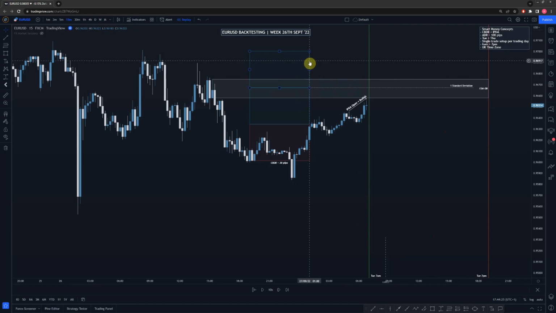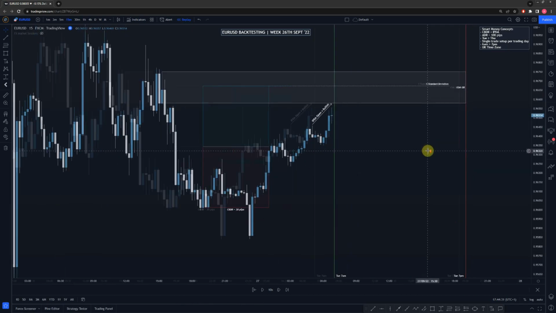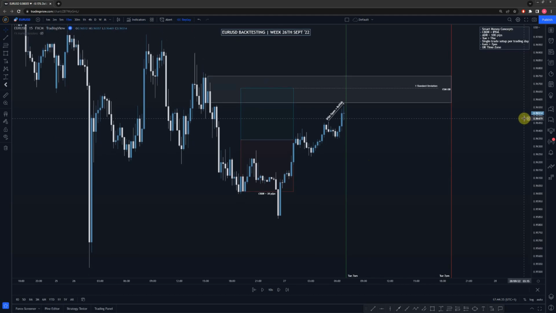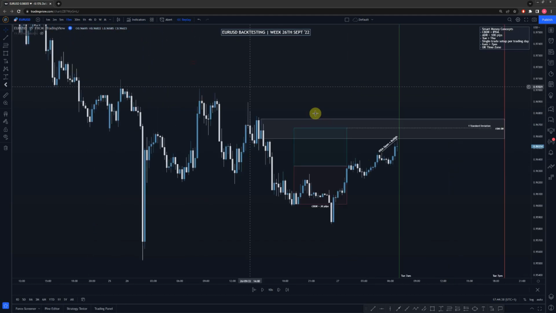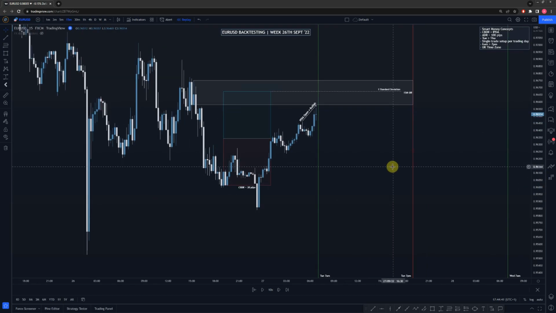So let's get rid of our second standard deviation box, and we'll just remain with 1 standard deviation for our London Open. And if we stick with this order flow of bearish, we could get a sell position in and prepare that, and price is already extremely close to this order block.